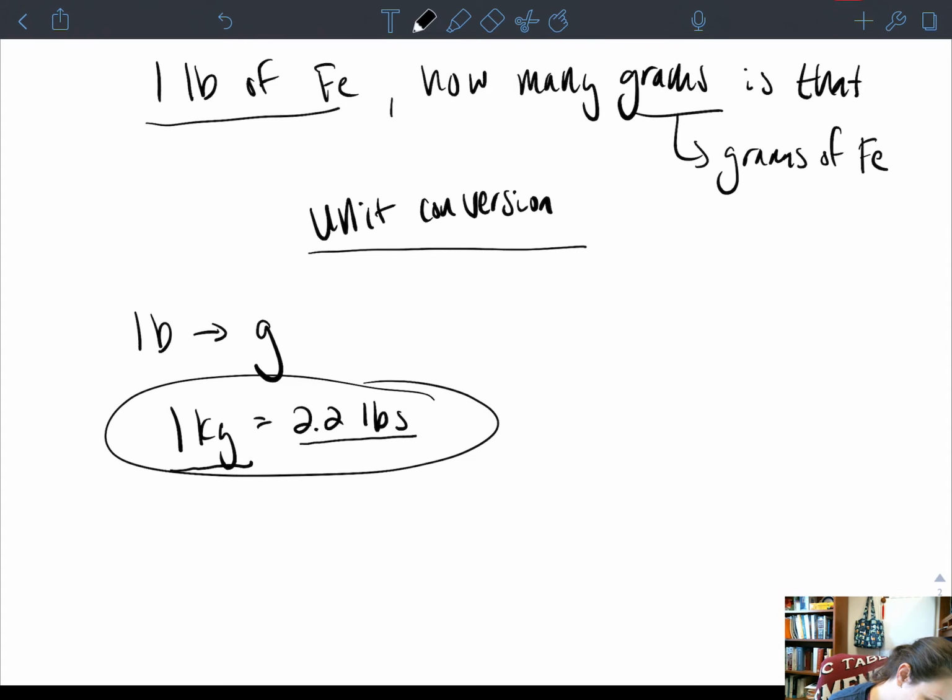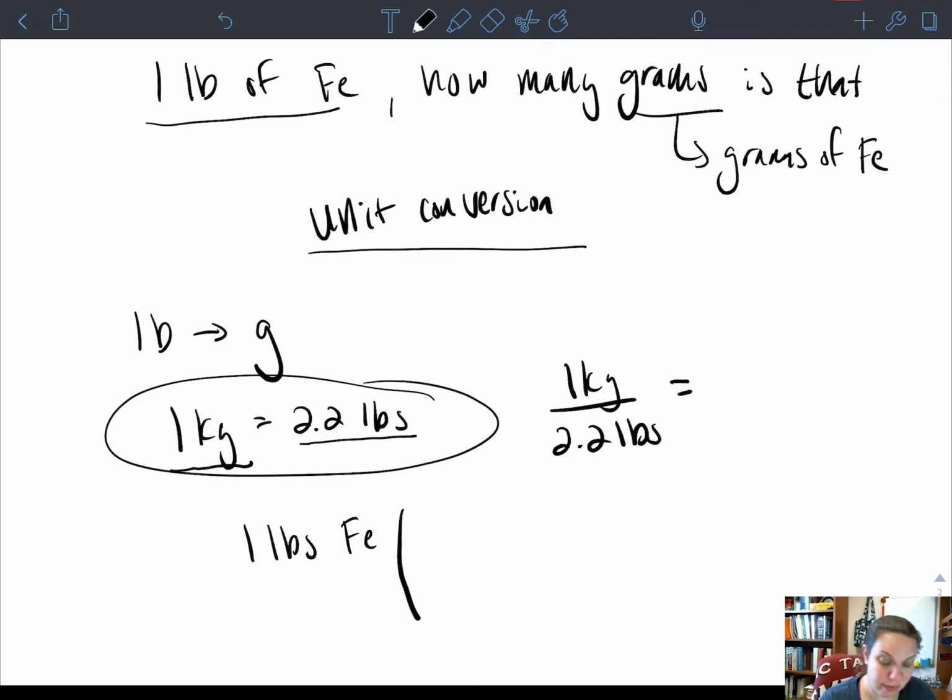So that 1 pound of iron, you would use a unit conversion where, because 1 kilogram is equal to 2.2 pounds, if we divide them by each other, that will equal 1. So we can multiply anything by 1. So using unit conversion is just like multiplying by 1.